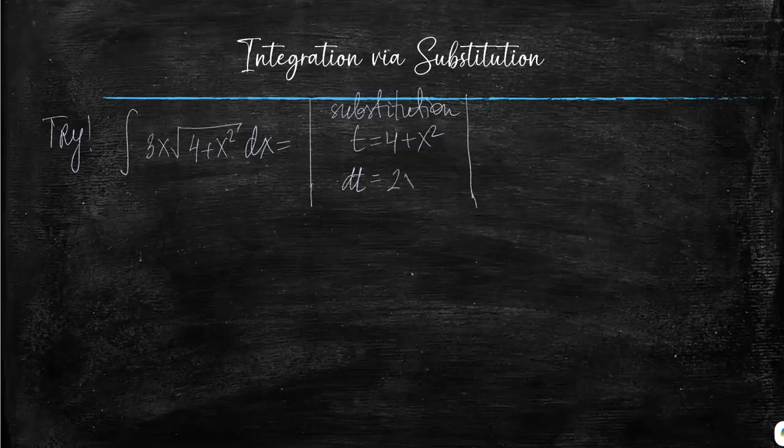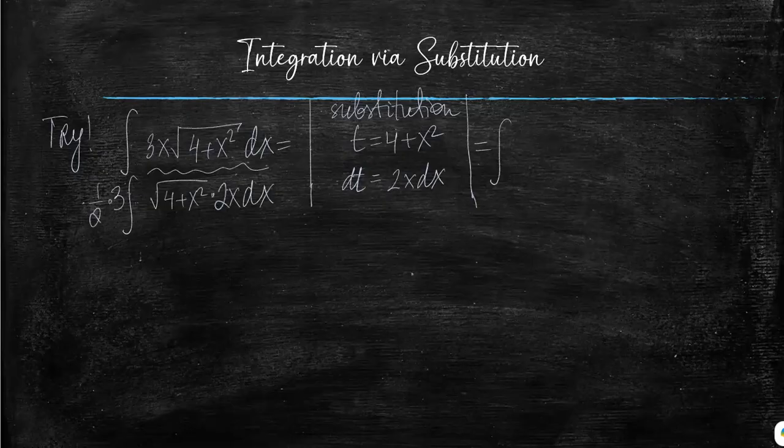dt is equal to 2x dx, and the substitution then looks like this. We want to rewrite this as square root of 4 plus x squared times x dx. 3 can be written outside, and then we can throw this 2 over here and take it out over here, or instead of x dx, we can just write 1/2 of dt. Either way, you'll end up with the same answer, so let's not worry about it.